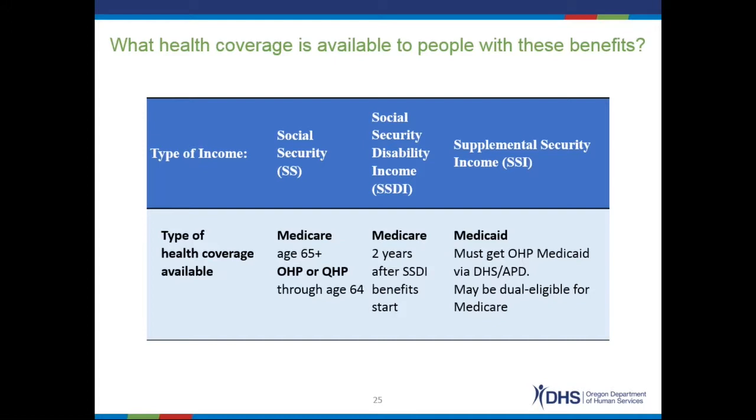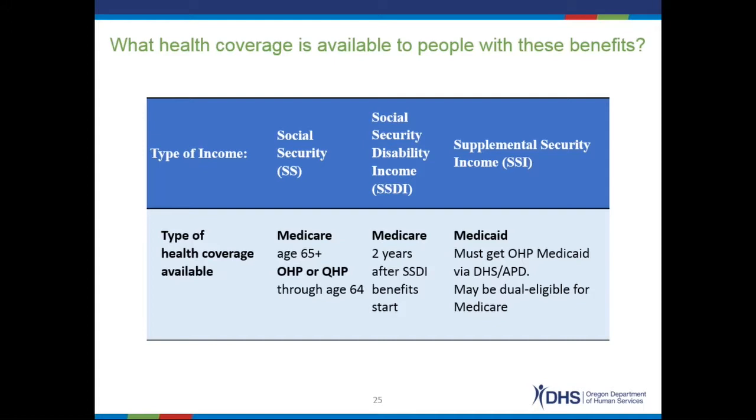If you are younger than 65 and getting Social Security, you need to have either the Oregon Health Plan or a qualified health plan through age 64. You can't have both a marketplace plan and Medicare. Marketplace plans, qualified health plans, federal marketplace, Affordable Care Act plans go up through age 64.